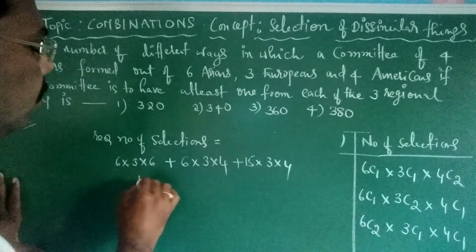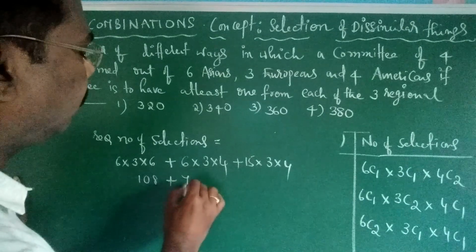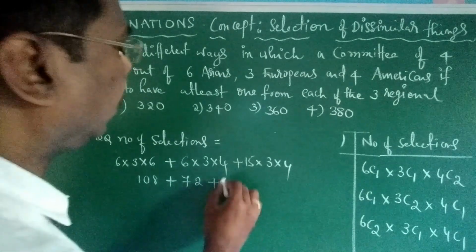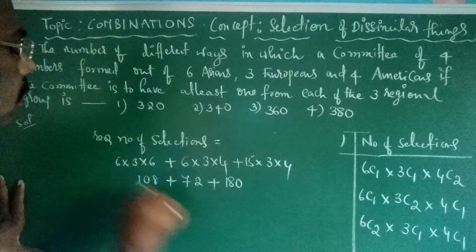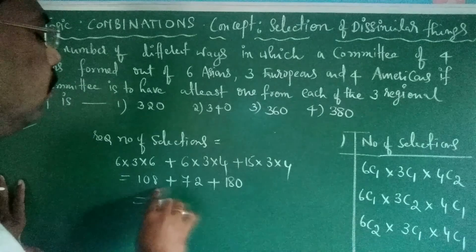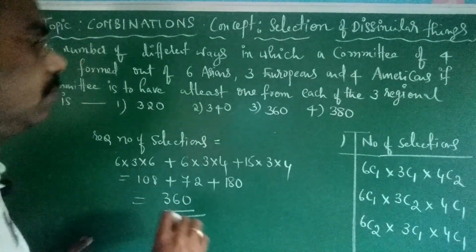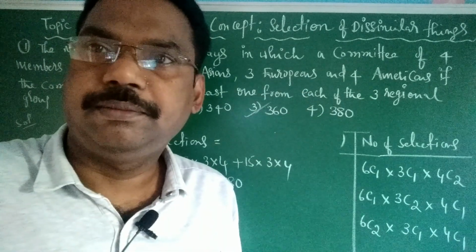Here 108 plus 72 plus 180 is equal to 360. Option 3 is the correct one.